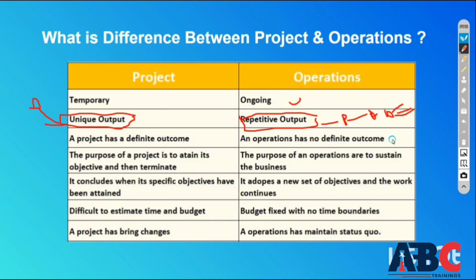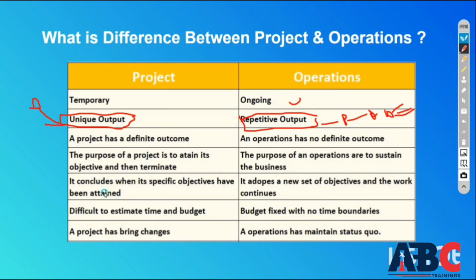A project has an objective, like I have to build a building or I have to build a bridge, and after it is made, the project gets terminated. But operations continue to run continuously and will not be abandoned. If operations are necessary to sustain your business, they will keep running.